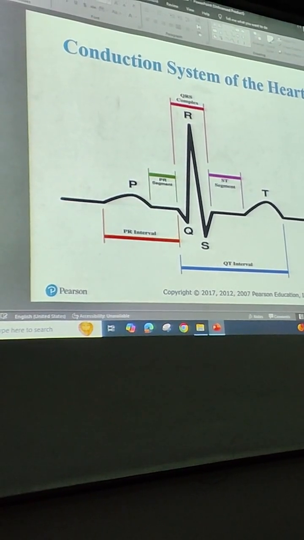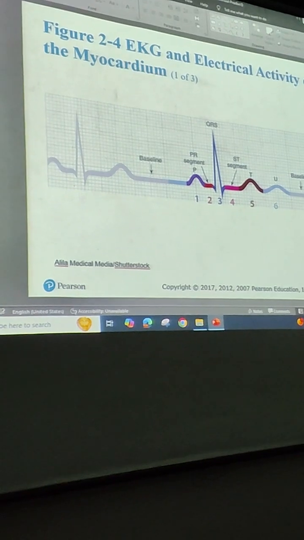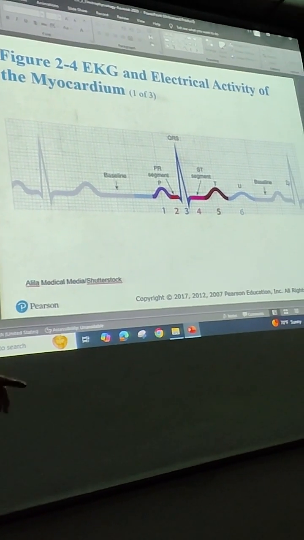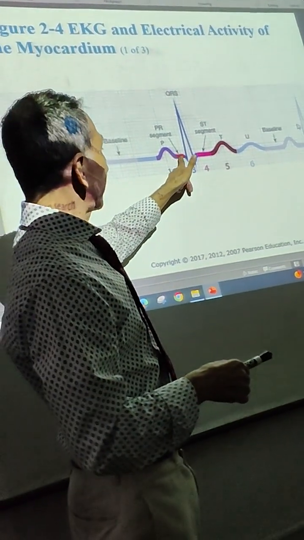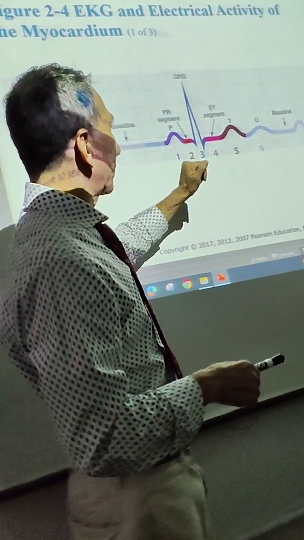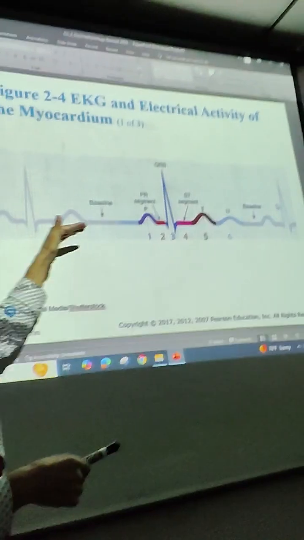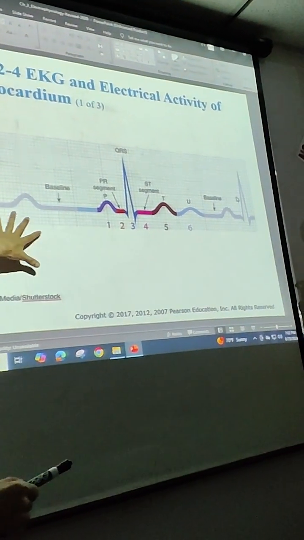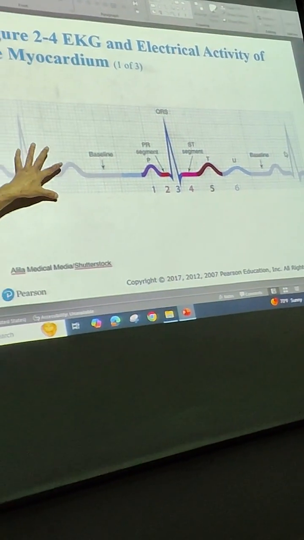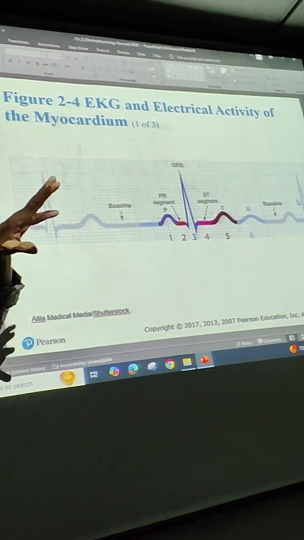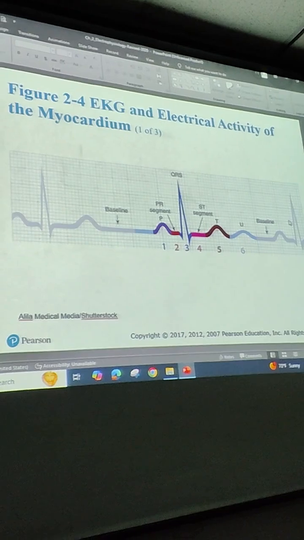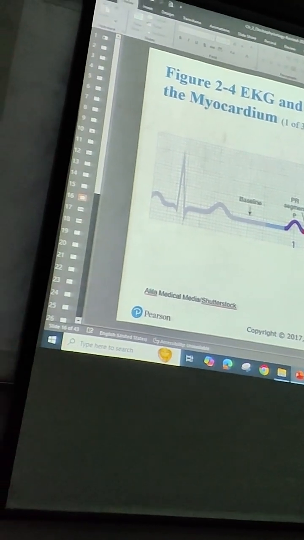Any questions? So here we see it in more detail. Look at here. These little spaces, the PR segment. These little spaces, the ST segment. And remember the whole line right here, because this is going to be the EKG paper, when we're going to have all these representations.